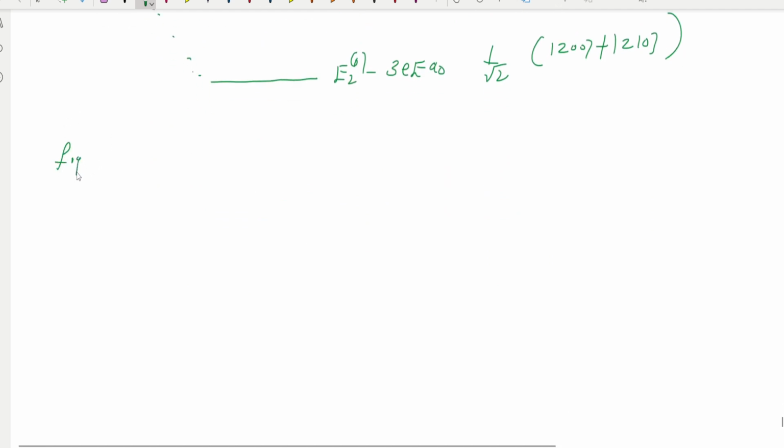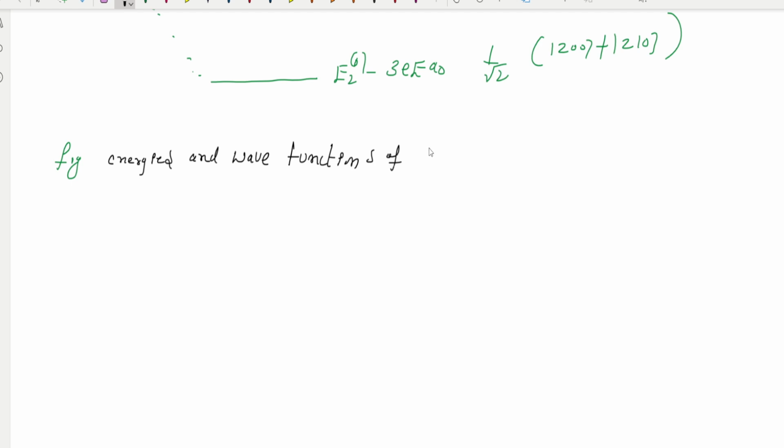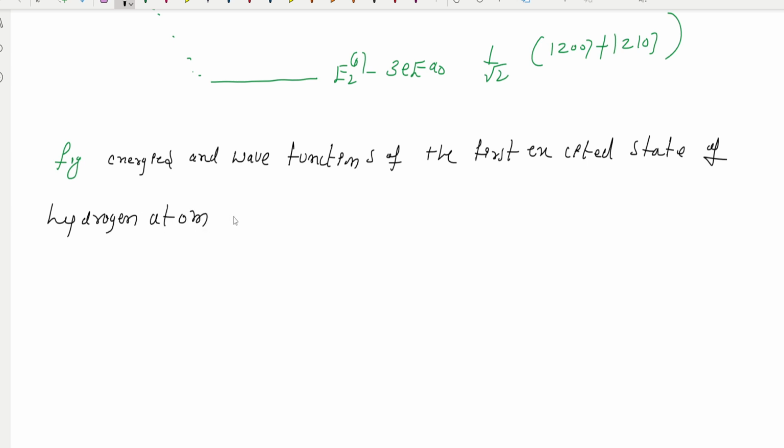So this figure shows the energies and wave functions of the first excited state of hydrogen atom in an electric field.